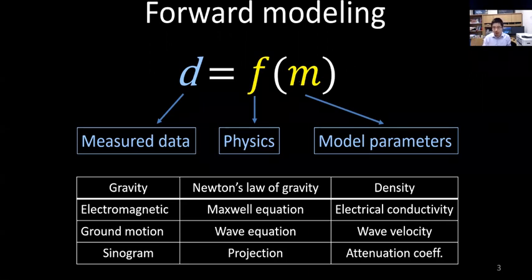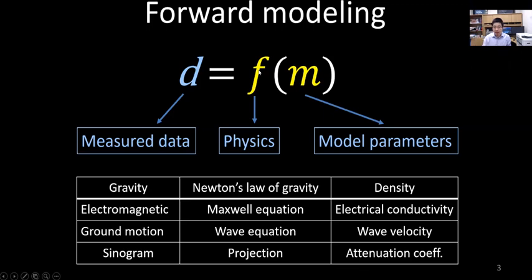For example, in our case, geoscientists are interested in Earth. So this m could be a representation of the Earth, for example, using densities or conductivities. F could be various physical laws, and d could be the various types of geophysical data. For example, if we talk about gravity data, then d here represents gravity data.